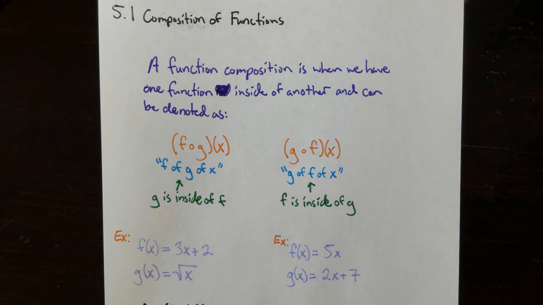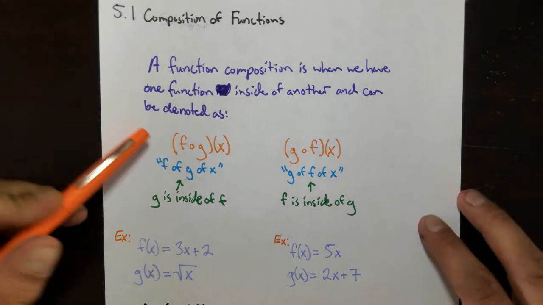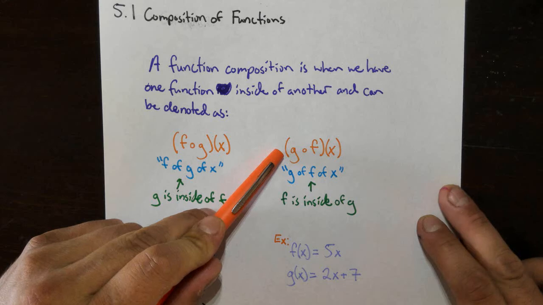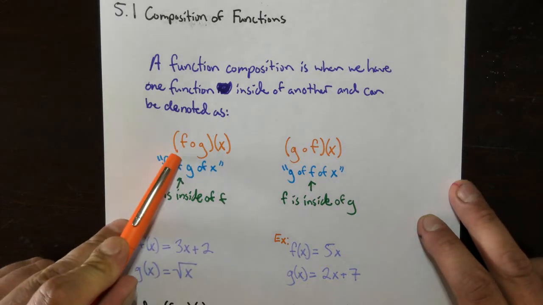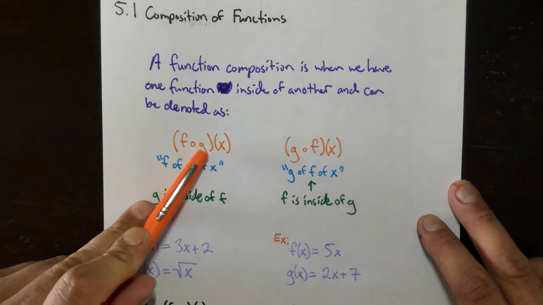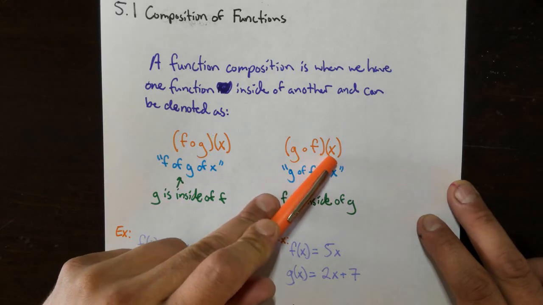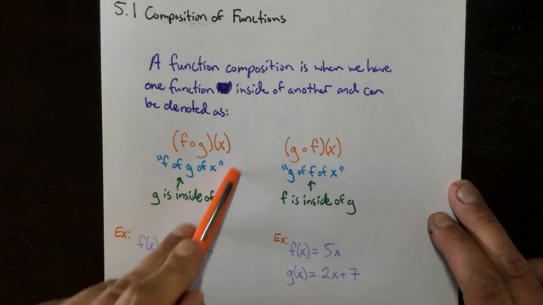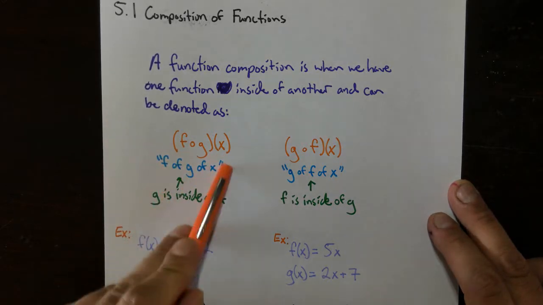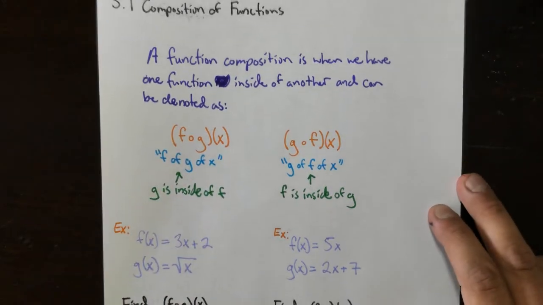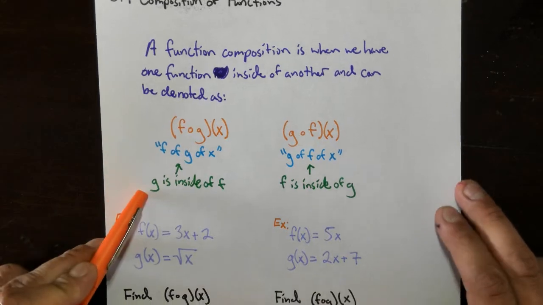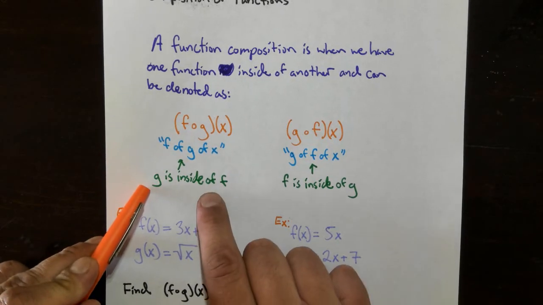So a function composition is when we have one function inside of another, and it can be denoted as what we have in the orange here. This is read as f of g of x, and this is read as g of f of x. In the blue, I have written how we read it, and in the green here it tells us what's going on.